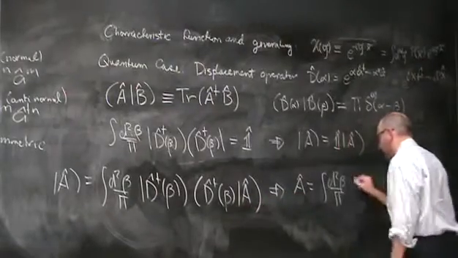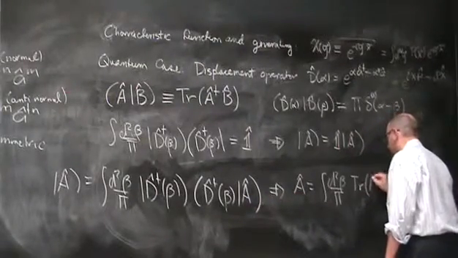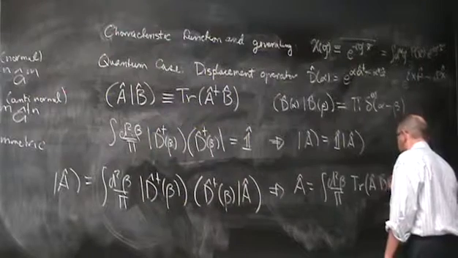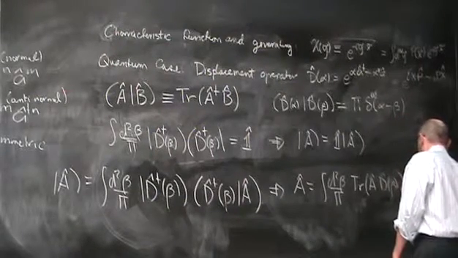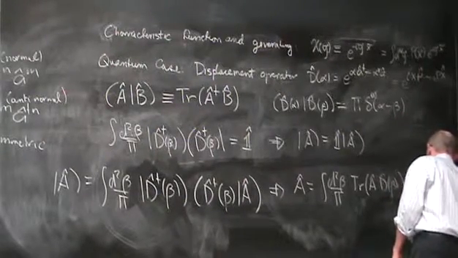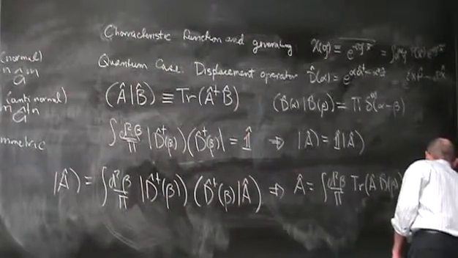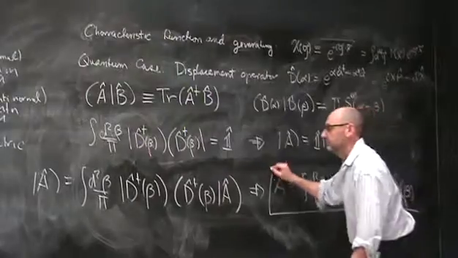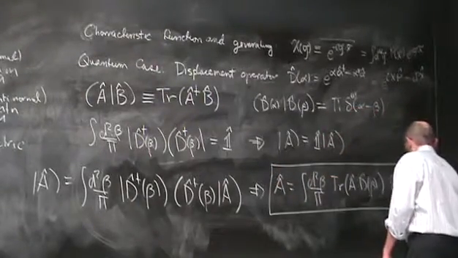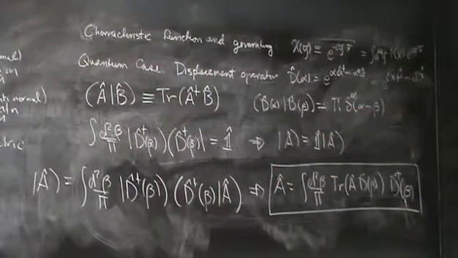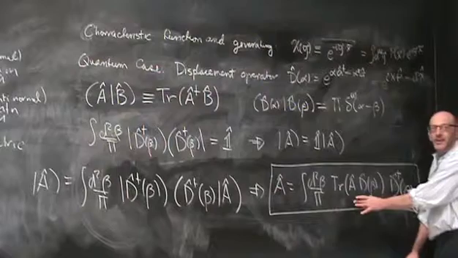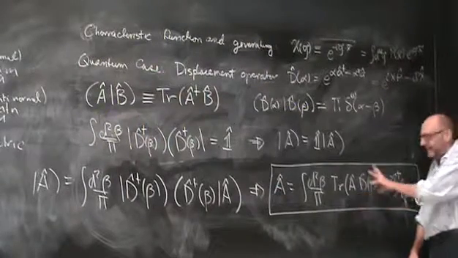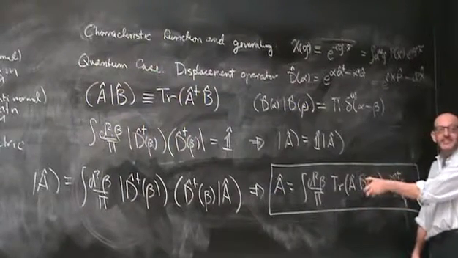This is the inner product. This is the trace of A with D. And D. So now, this is like saying I take the function, I project it onto the plane wave, and that's kind of the Fourier coefficient.